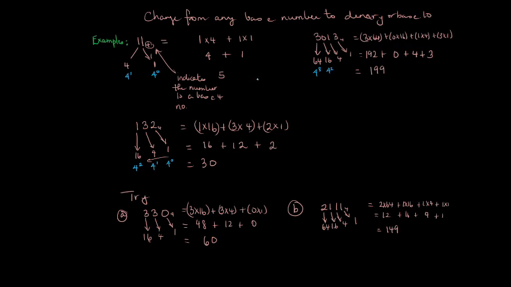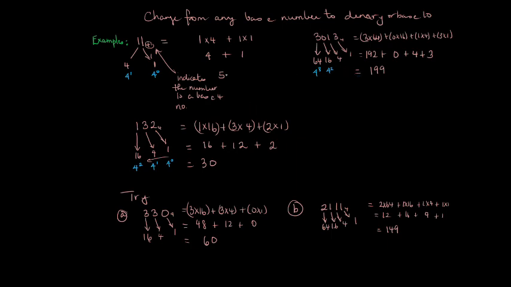So this is much easier than converting from denary to some other base. When you are converting from a denary to a base number, you have to do a series of divisions. Whereas when you're converting from a base into denary, you just do a series of multiplications.